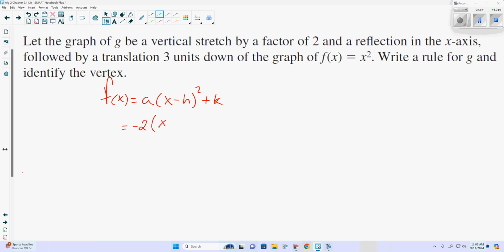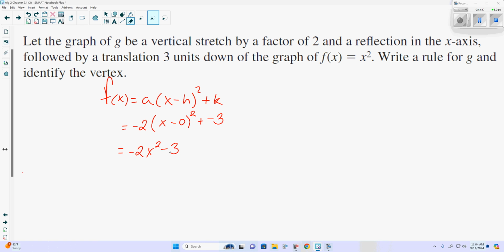It didn't move left or right, so the value of H is 0. 3 units down, so K would be negative 3. We apply it here. We would still have the negative. What's x minus 0? Just x, yes? And it would still be squared, so we have x squared plus negative 3, or we could just say minus 3, yes? And that's what we got.